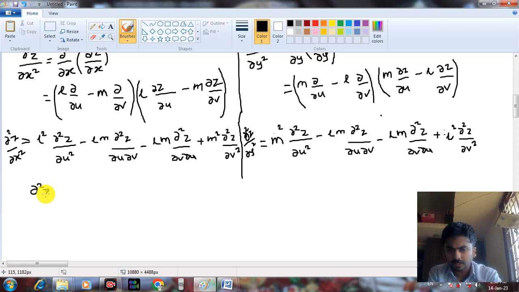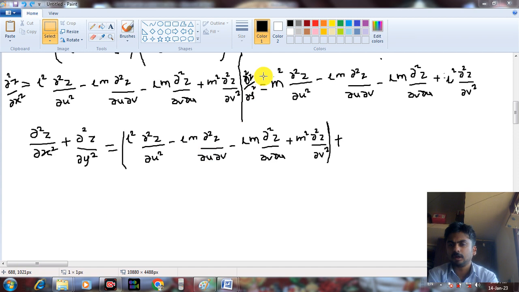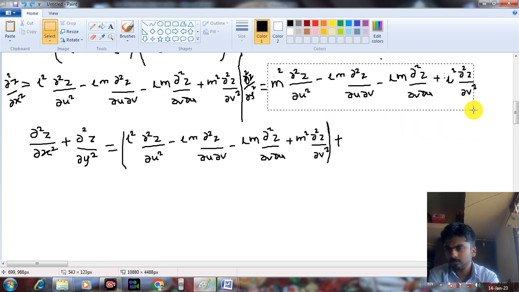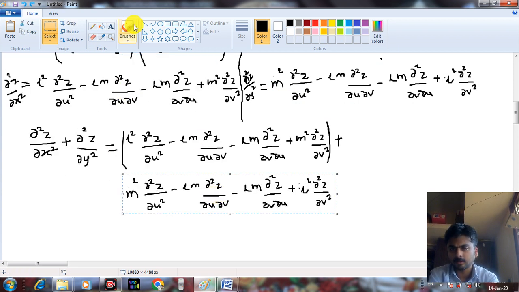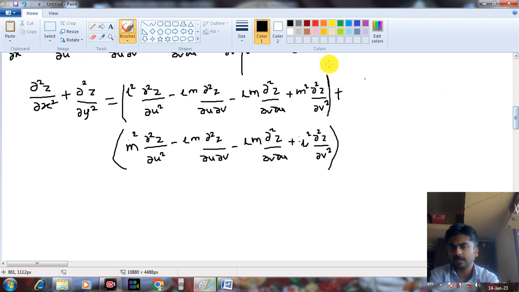So ∂²z/∂x² plus ∂²z/∂y². Now I shall paste these things below the term, Ctrl+C, and I shall paste it here. Okay, now we get the remaining steps.